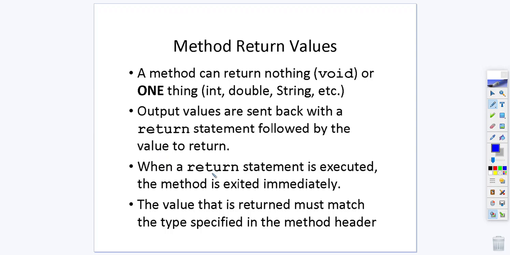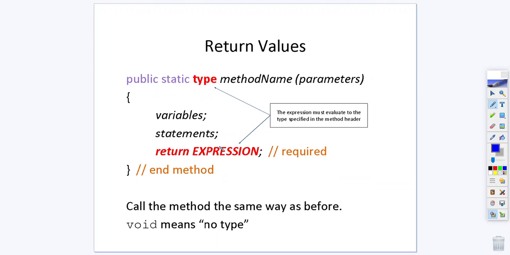Now notice when you hit a return statement, when that is executed, that is the end of the method. Even if you still have more code in the rest of your method, when a return statement is executed, that's it. Whatever is returned has to match the type that's specified. So if this is an int, I must return an int.